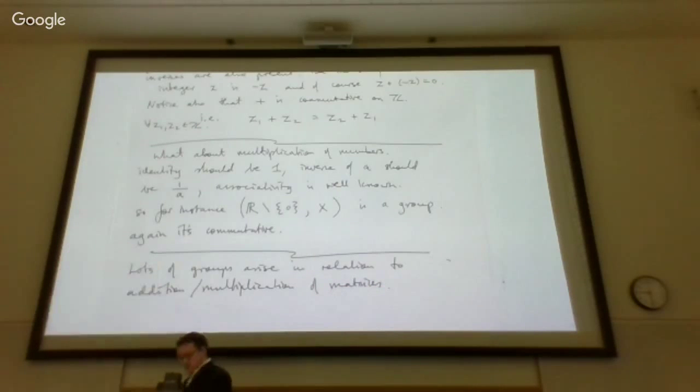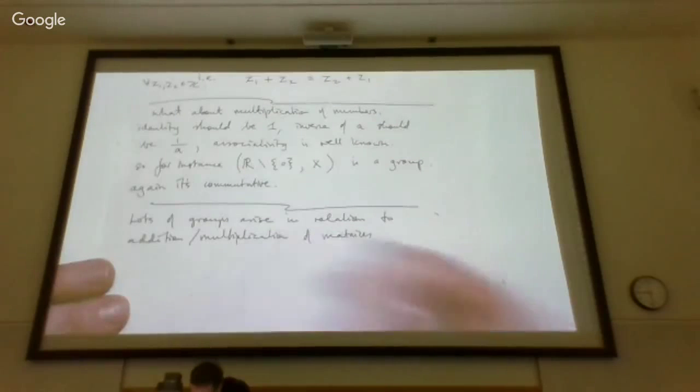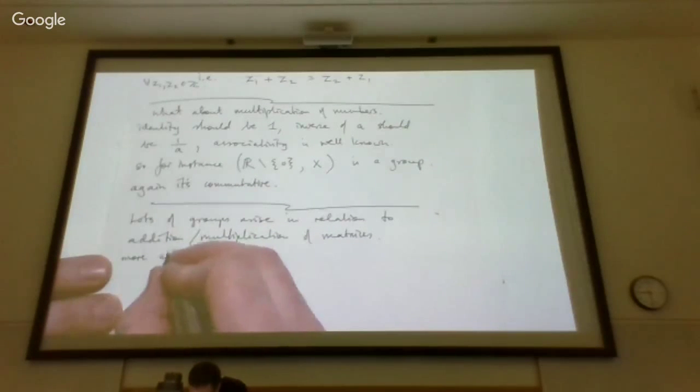I'm just speaking in general, I'm not being very particular about which matrices or whether it's multiplication or addition, but there are various groups you can form out of sets of matrices under either addition or multiplication. More abstract number types.